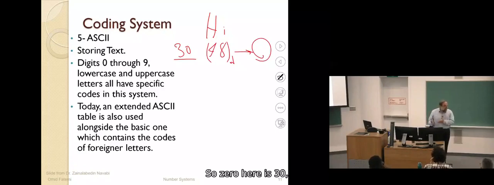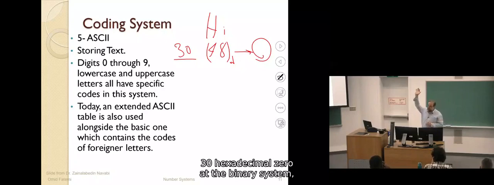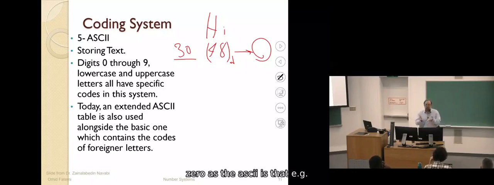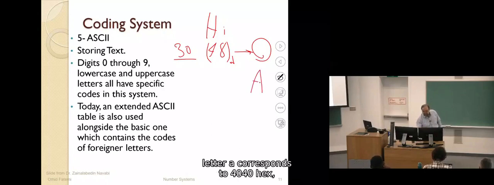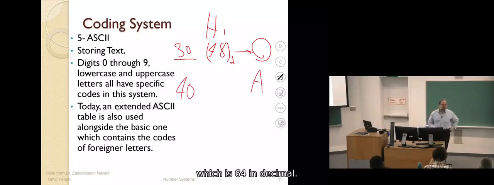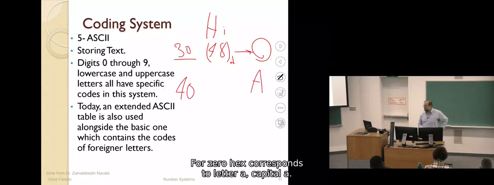So 0 here is 30 hexadecimal, not 0 in the binary system. 0 as ASCII is 30. For example, letter A corresponds to 40 hex, which is 64 in decimal. 40 hex corresponds to letter A, a capital A.